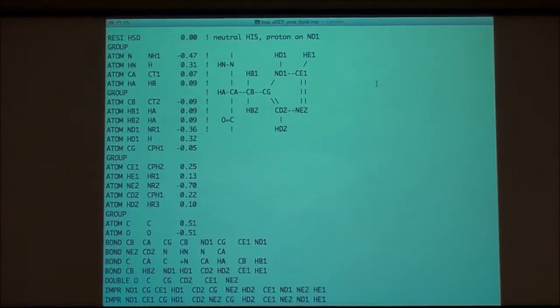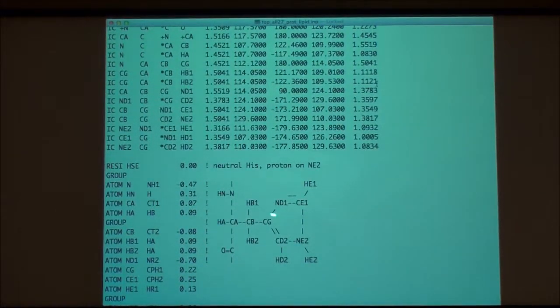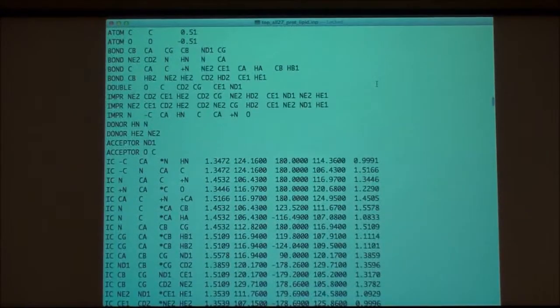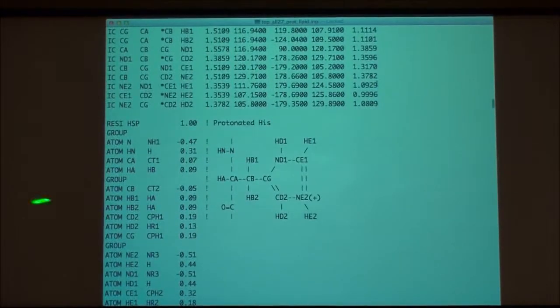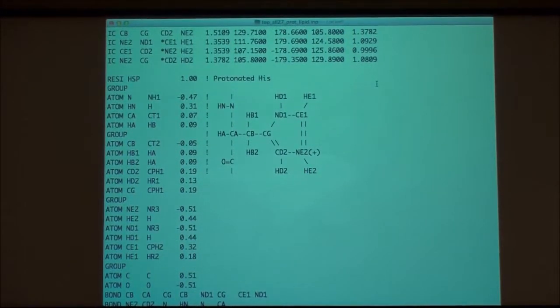Then we have HSE here, which has a proton on the epsilon nitrogen. And then later we have the HSP, which is a protonated histidine. It has two hydrogens, two protons, and it carries a net positive charge. So there are many residues of this kind where you can decide which one is the best one to choose.